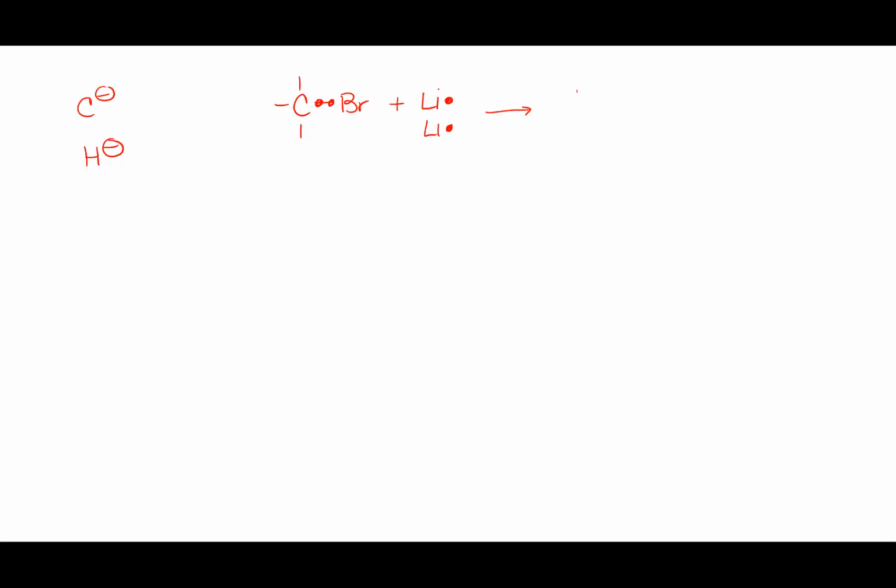And so when I do that, what I end up forming is a carbon with a pair of electrons, a Br with 2 unpaired electrons to go with its 6 lone pairs. So I end up with a C minus and a Br minus. The counter ions to those are the lithium pluses that formed after the lithium lost its electron.